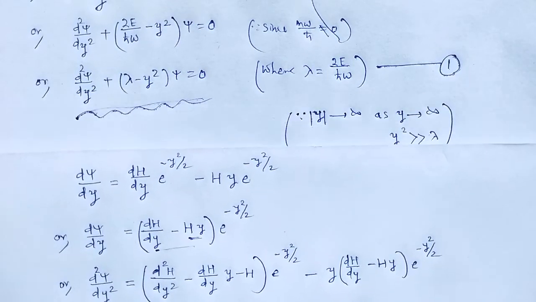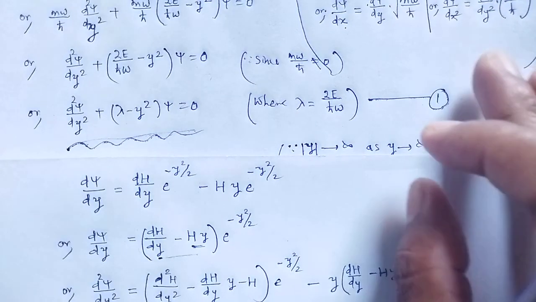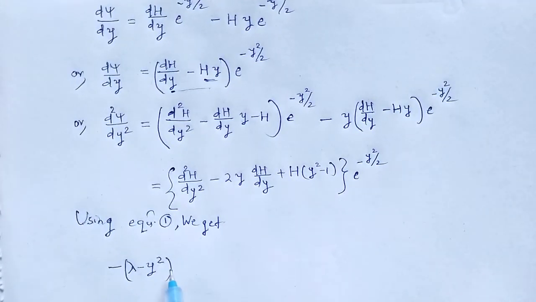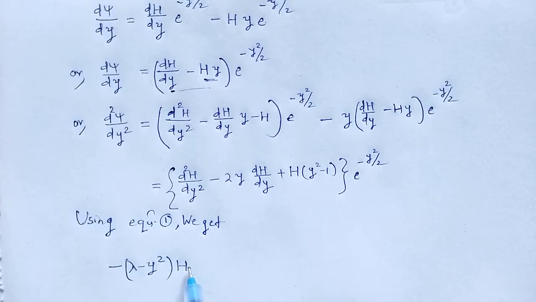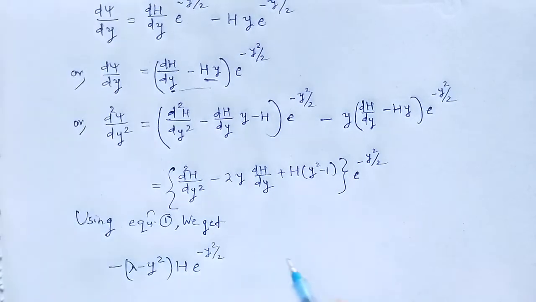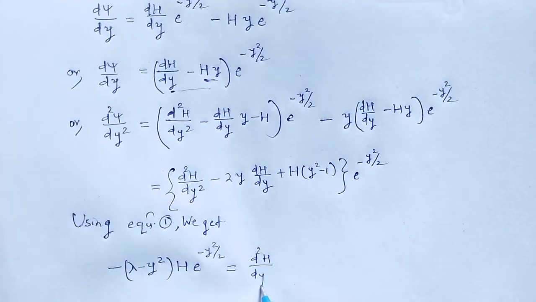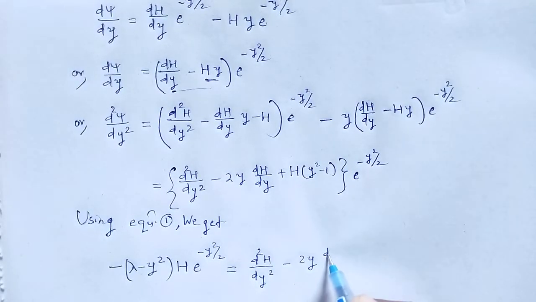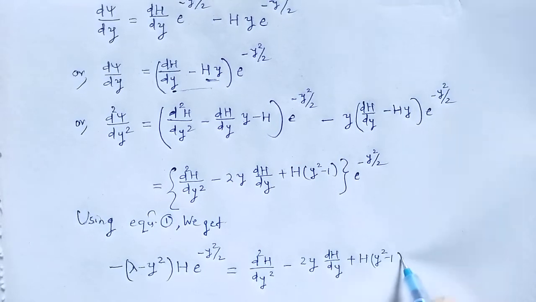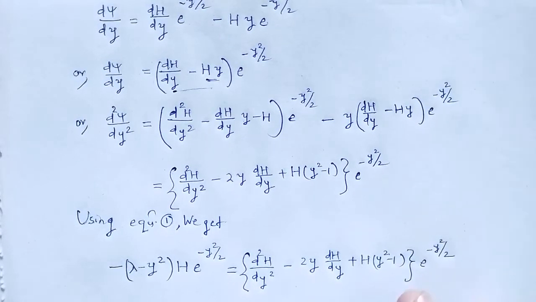The value of psi, that is h e to the power minus y square by 2, is equal to, as usual, d square h by dy square minus 2y dh by dy plus h (y square minus 1) e to the power minus y square by 2.